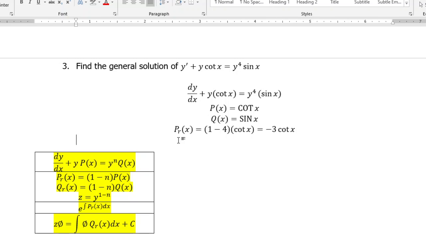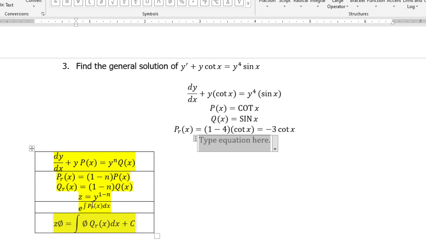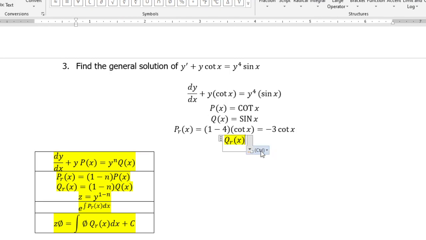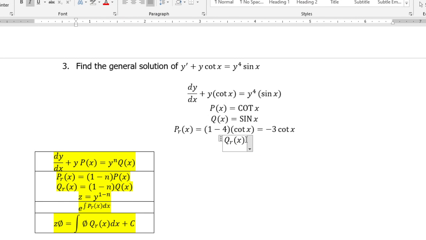QR naman natin. QR of x will be equal to 1 minus 4, which is negative 3 multiplied by sine x, or equal to negative 3 sine x.